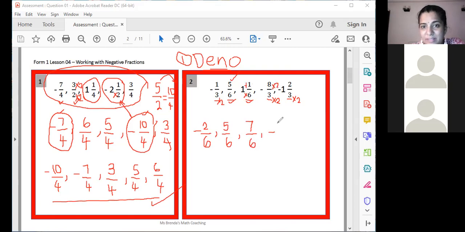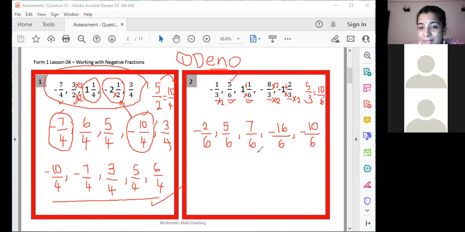So it's a negative. So negative 16 over 6. And the last one is also a negative. So keep your negative. And since this is times and plus, you will get 5 over 3. That 5 over 3 will become 10 over 6. So this is negative 10 over 6.